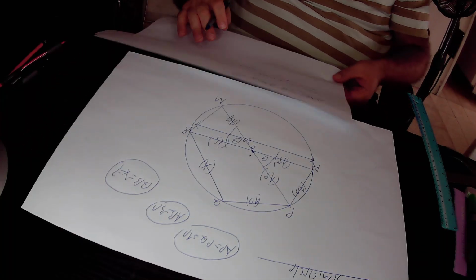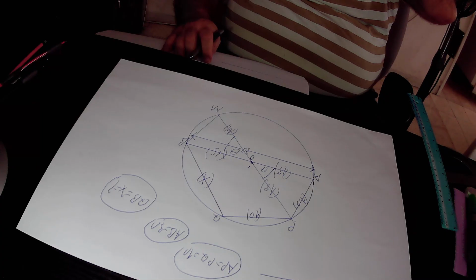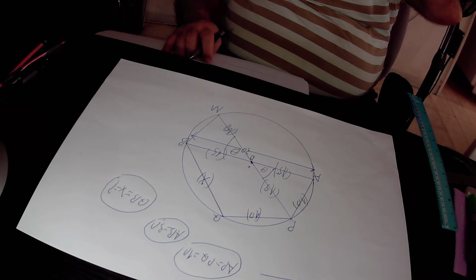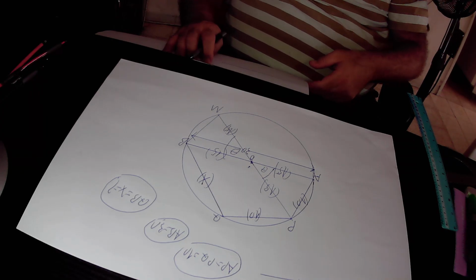Finally, side AO of triangle AOP is equal to side OB of triangle OMB. They are both radii of the circle, equal to 15 units, therefore they are equal to each other.